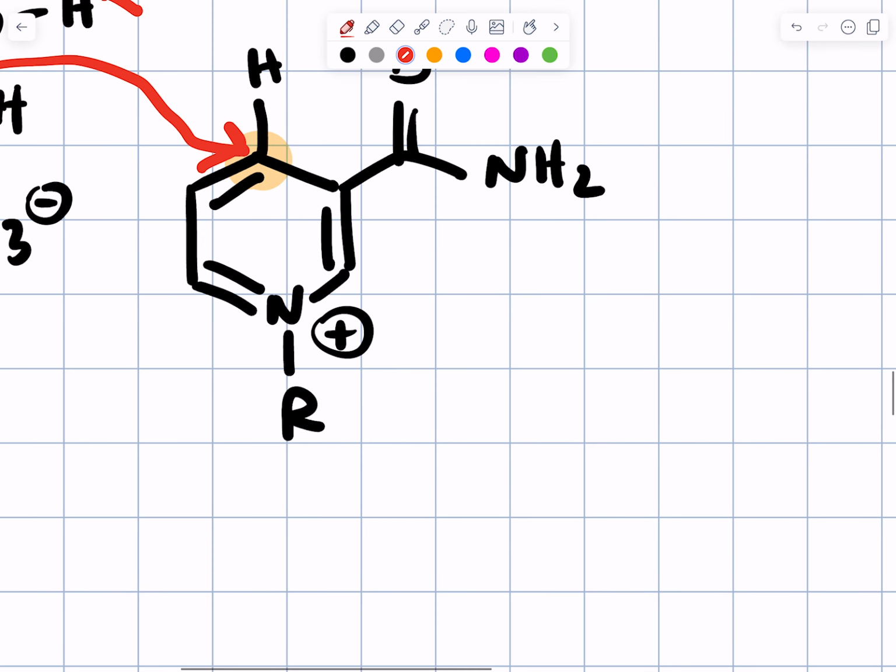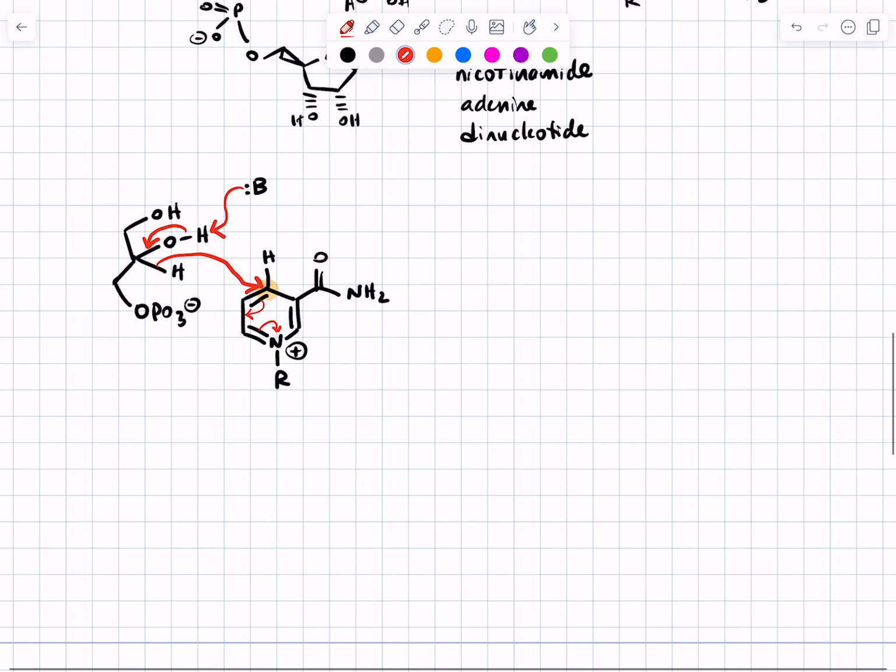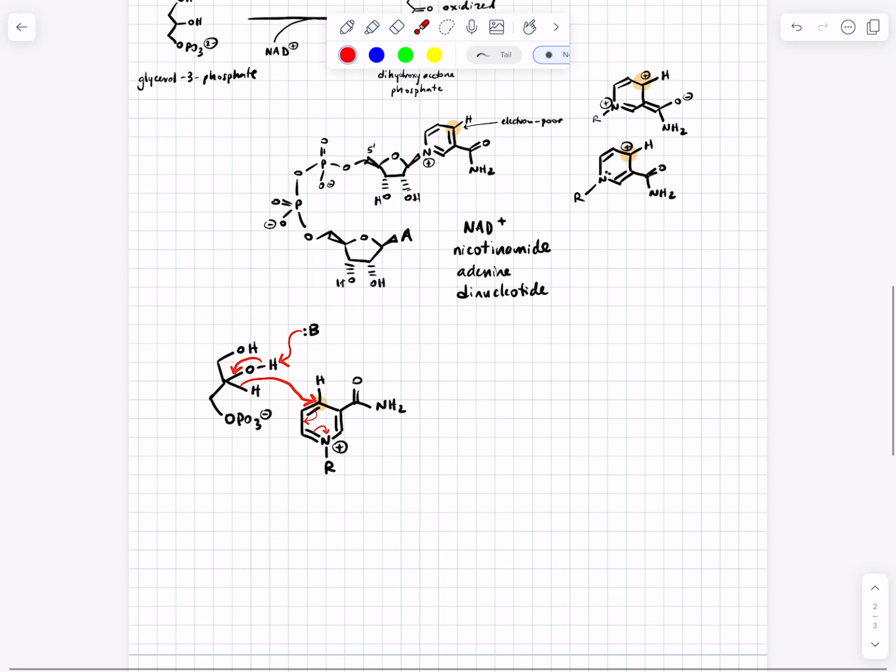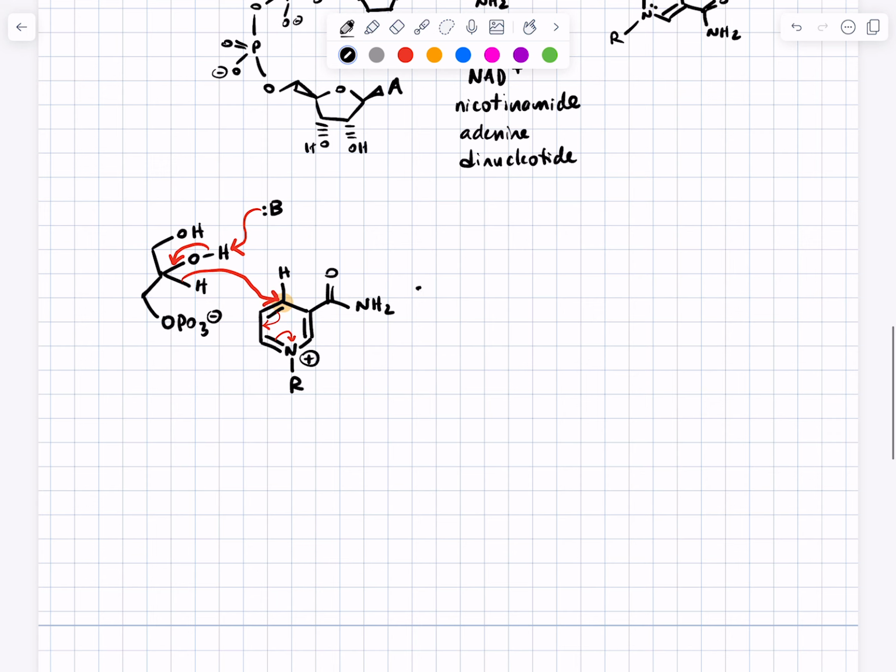Then we'll need a few more arrows to finish the process. These pi electrons come here and these come here onto the nitrogen. Of course, you should be able to see how you could draw this same mechanism from either of these resonance structures to end up with an equivalent alternative. But in the end, we've made the ketone, so the alcohol is now oxidized.